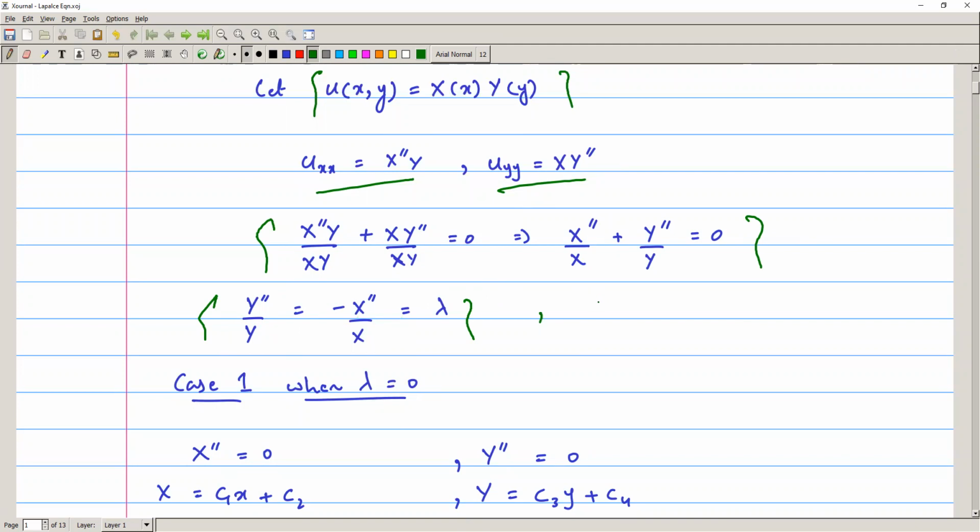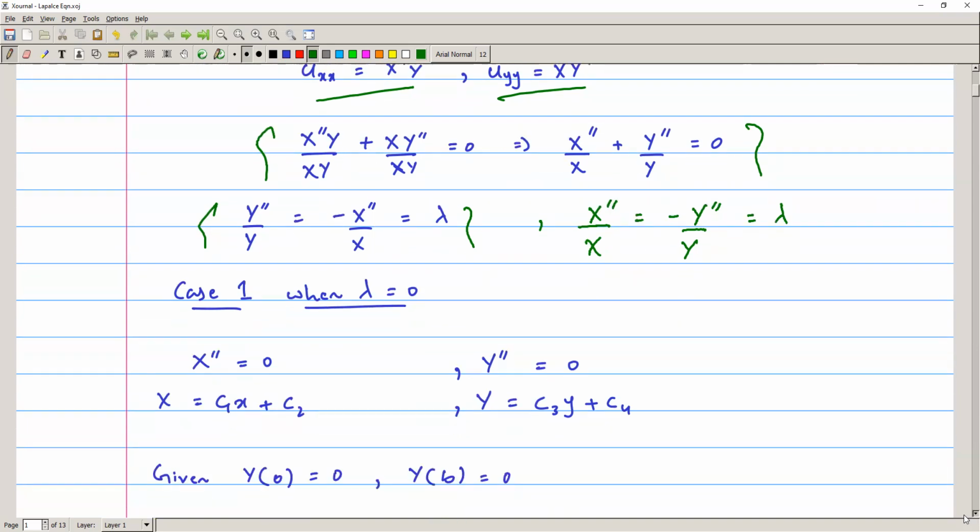We can also write this equation in this way: X double prime over X is equals to negative Y double prime over Y is equals to lambda, right? So we can write in both ways.